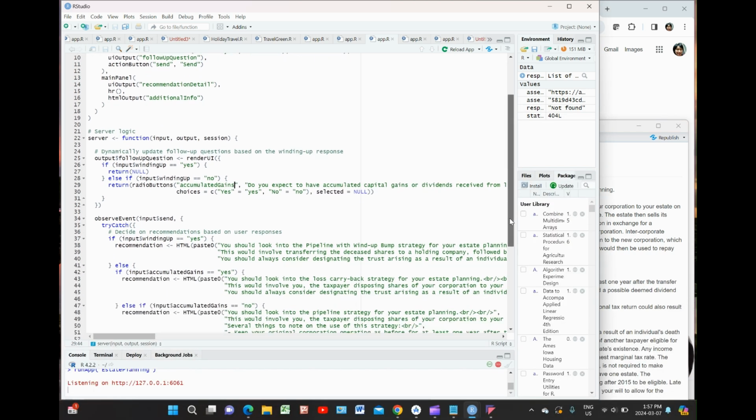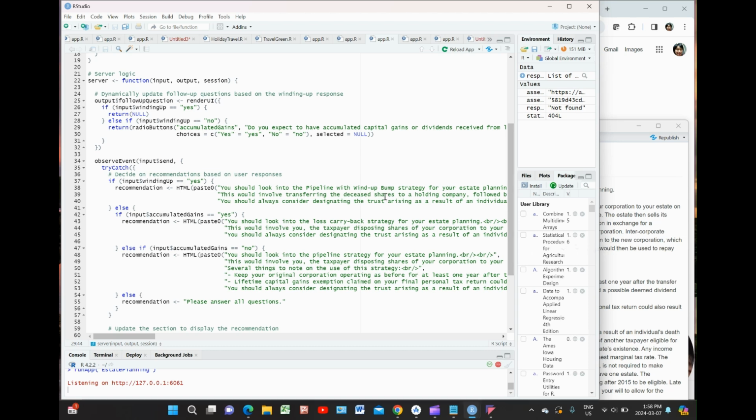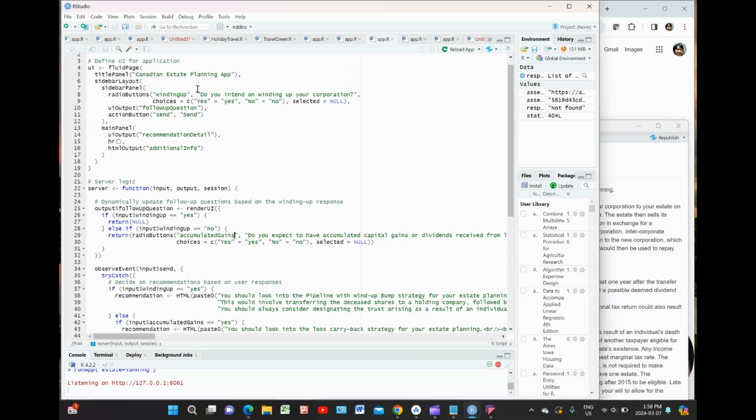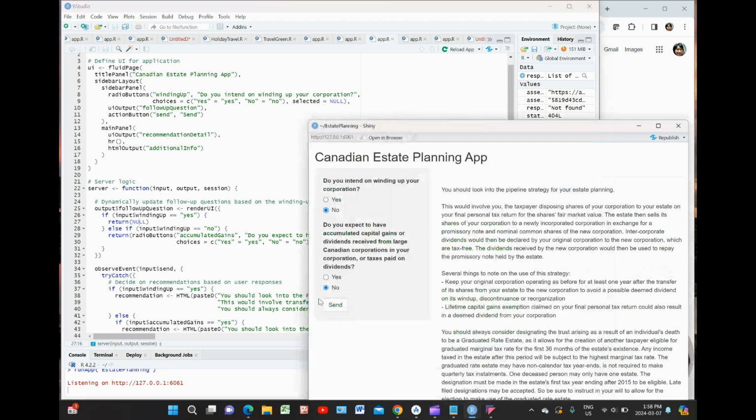And we also have the if statements to use the part of the user interface up above so that only when the wind up question is answered no, the second question pops up. Otherwise, this second question does not appear on the app. Therefore, the return is null.